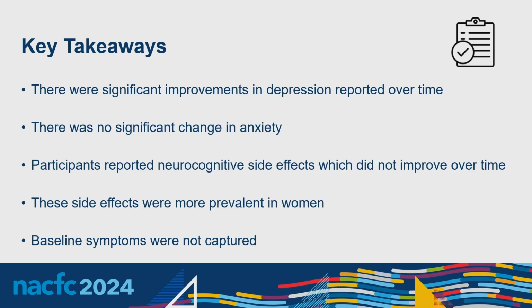However, there was no significant change in anxiety. Participants reported neurocognitive side effects, which did not improve over time, and this was more common in females. However, one of the limitations was that baseline symptoms weren't assessed. So patients before starting ETI were not specifically asked whether they had these various symptoms.